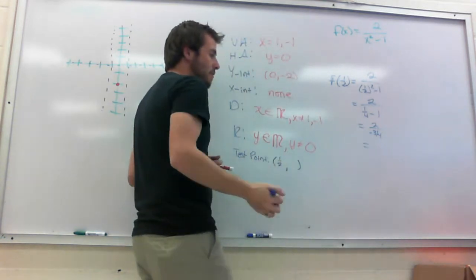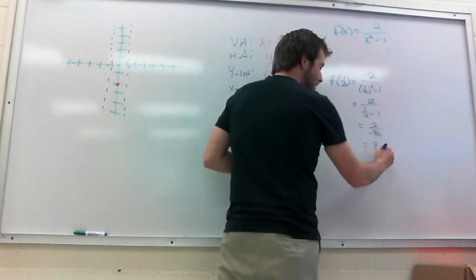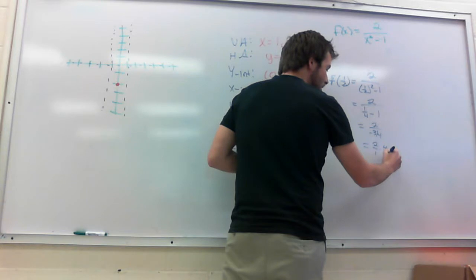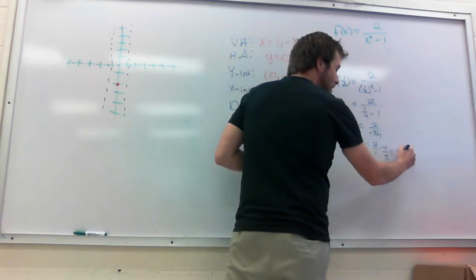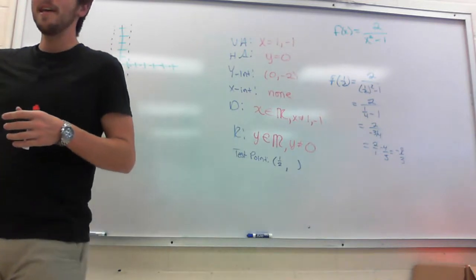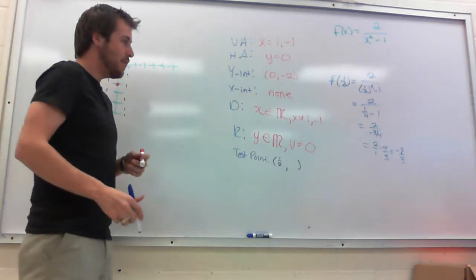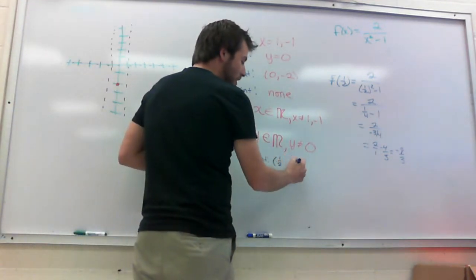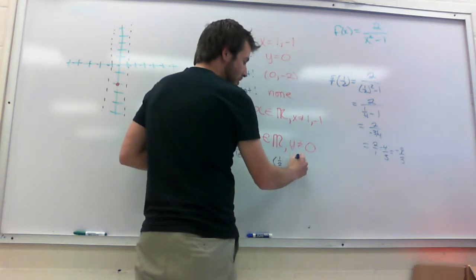And then flipping my denominator and multiplying will give me negative 8/3, which is roughly negative 2 and some change, which I think would be negative 2 and 2/3.